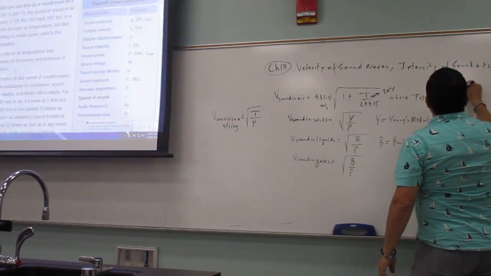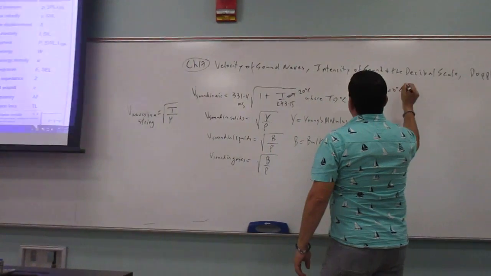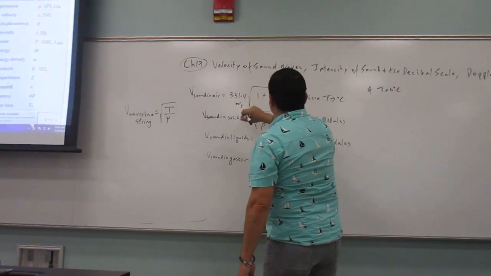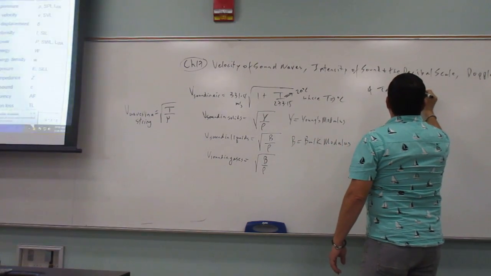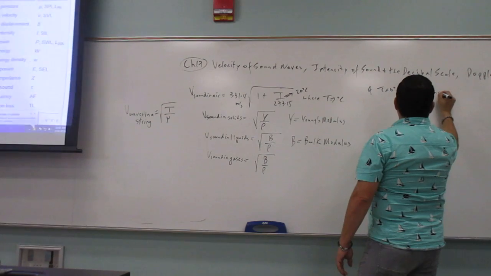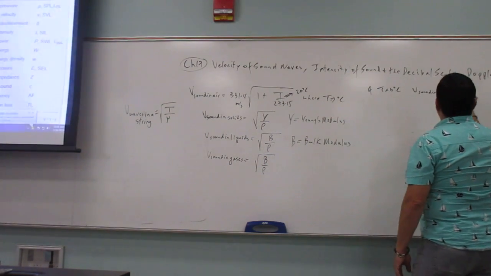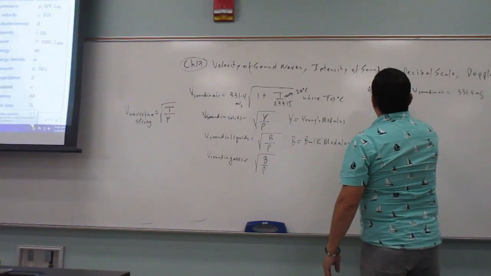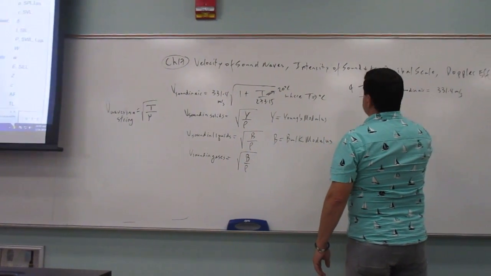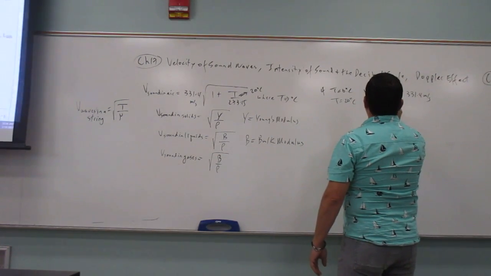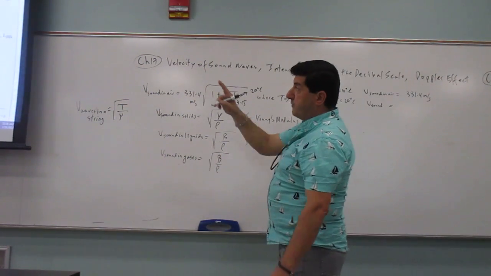So if we want the temperature of 0 Celsius, what's the velocity of sound? Well, then it's just going to be 331.4 meters per second. But if you put in 20 degrees Celsius, then the velocity of sound is going to be what? 343.